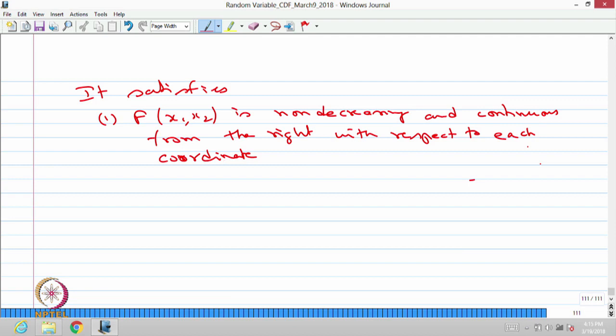It is non-decreasing as well as continuous from the right with respect to each coordinate. That's the first point.